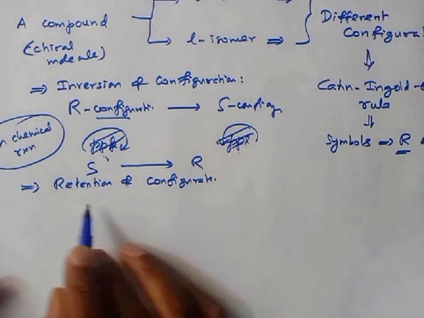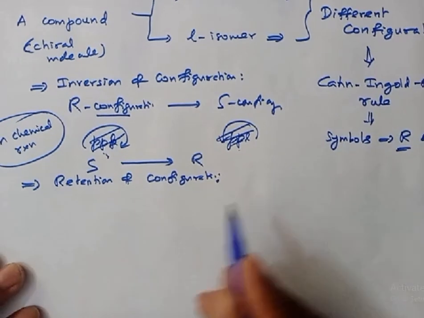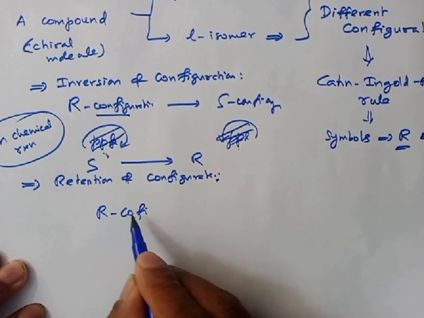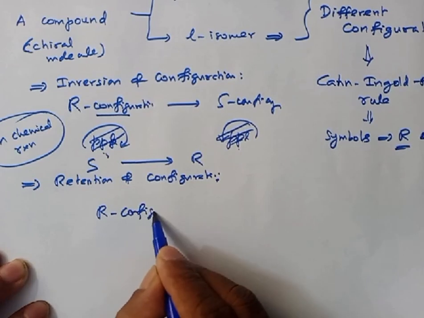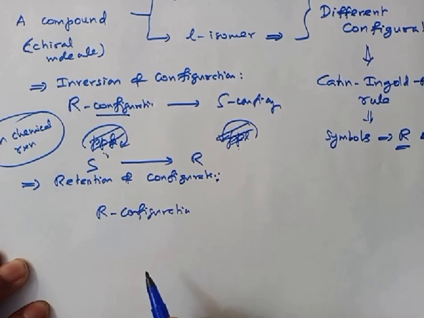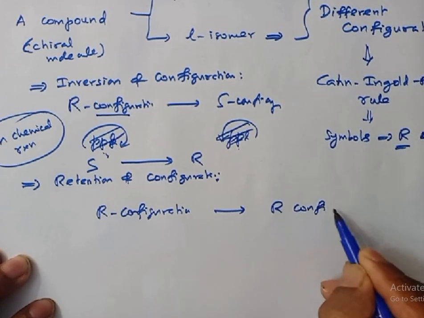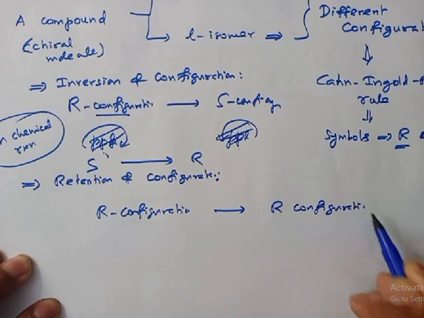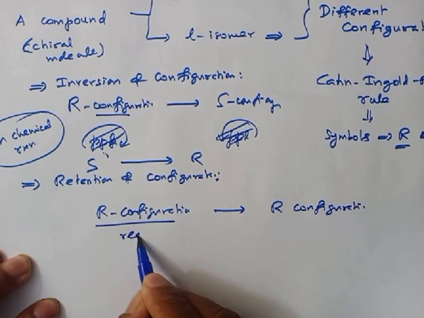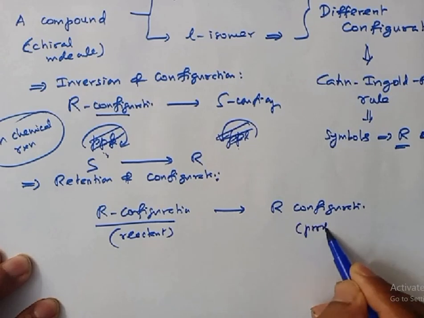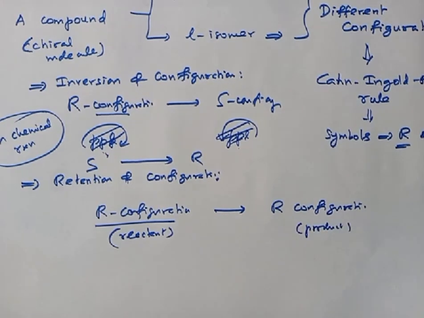What is retention of configuration? Suppose in a chemical reaction, the reactant has R configuration, and the product also has the same R configuration. We call that type of reaction retention of configuration.